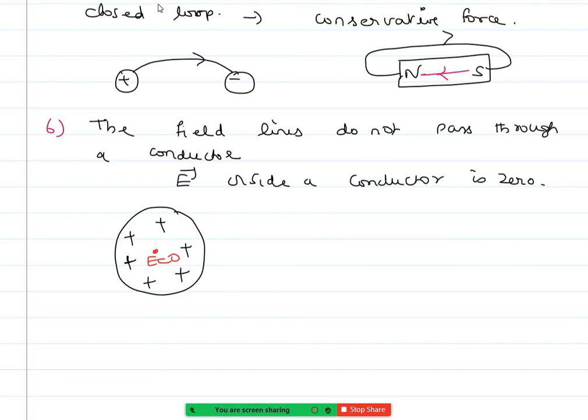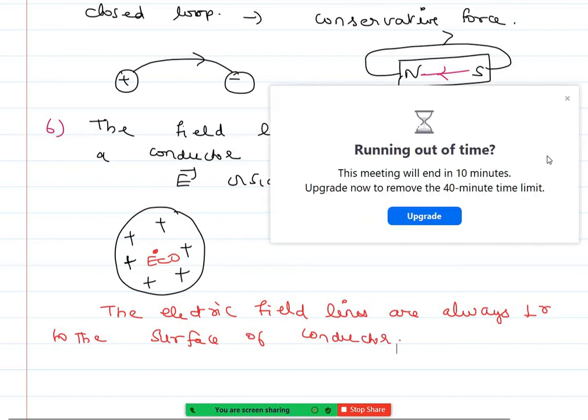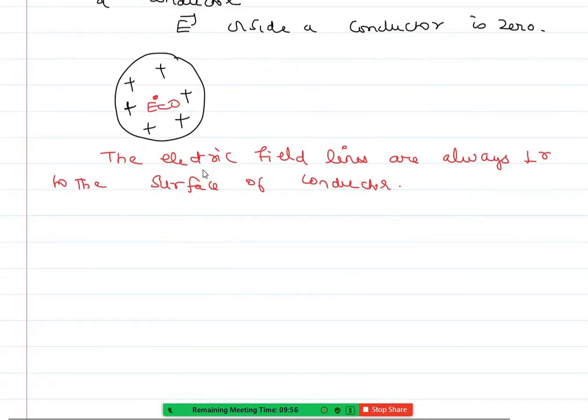In this you can also add that the electric field lines are always perpendicular to the surface of the conductor. These points are important so that you can learn Gauss law in an effective way. So don't forget these points.